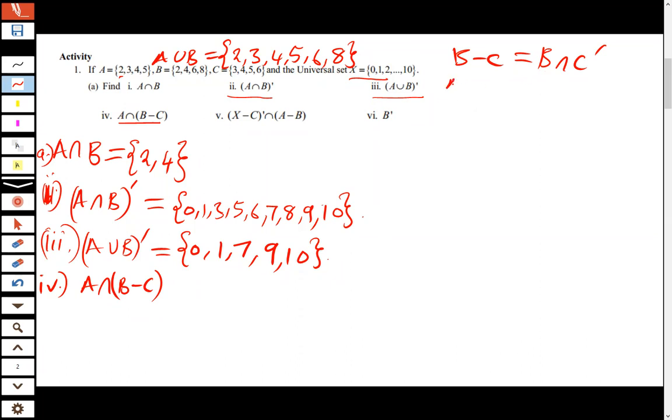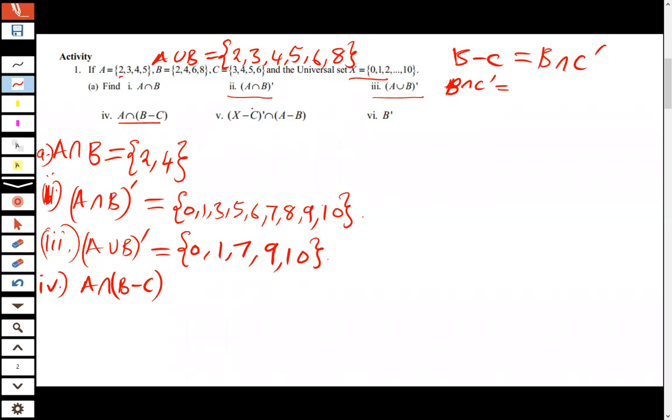So to find B intersection C complement, first, C complement is just numbers that are not in C. C has 3, 4, 5, 6.